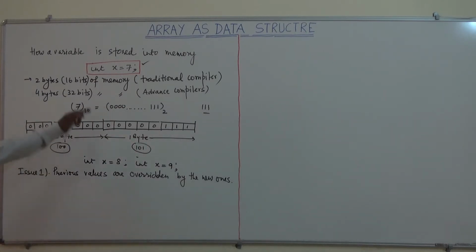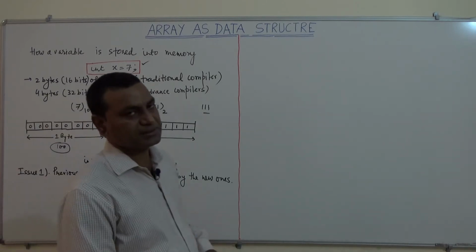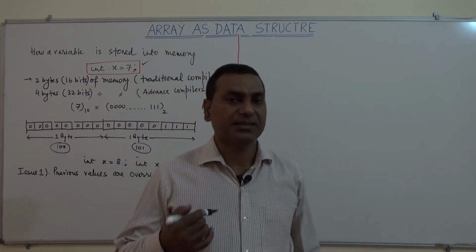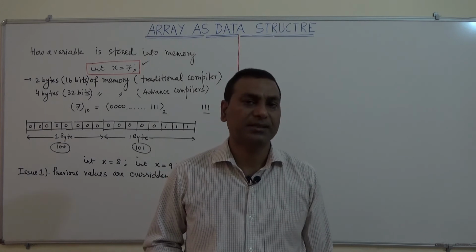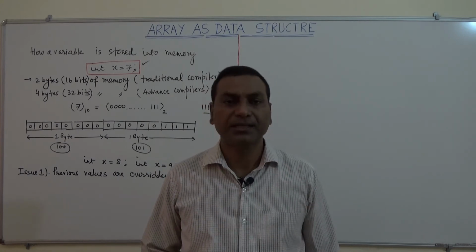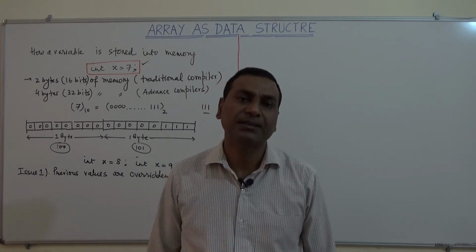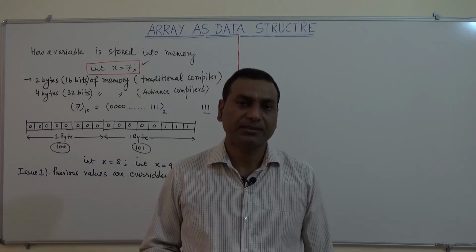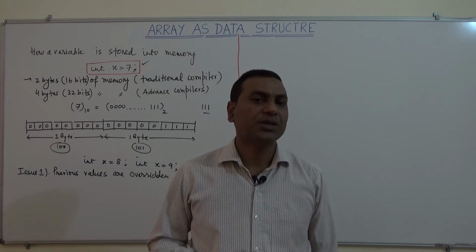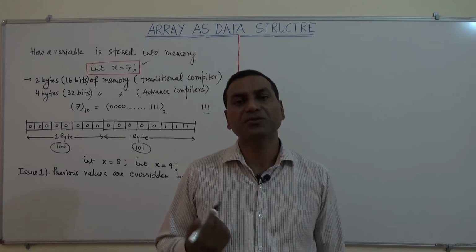It means we are already using x equals 7, and after that we use int x equals 8, then this 8 will overwrite 7, and again if we use x equals 9, then 9 will overwrite 8. So if we want to store 3 values, we can simply use an array.